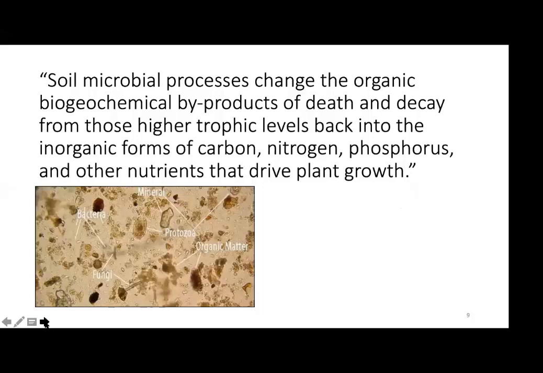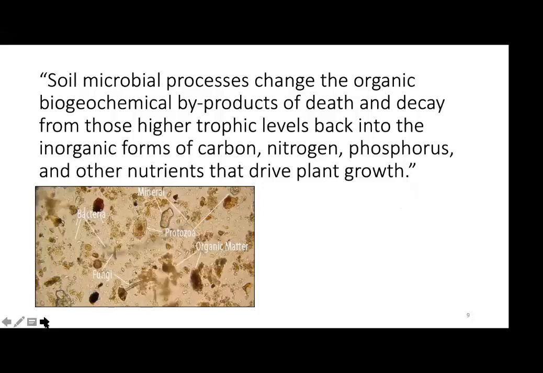The soil microorganisms aren't distributed throughout the soil in an even fashion. They live in small communities on microaggregates of soil particles. Remember that food web that you studied in high school biology?